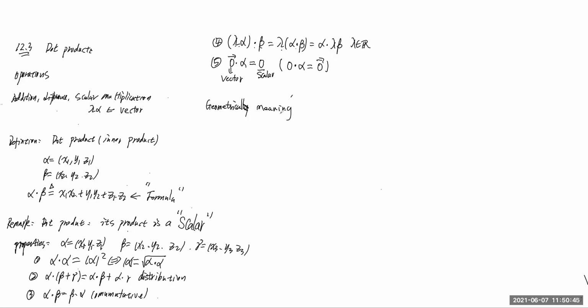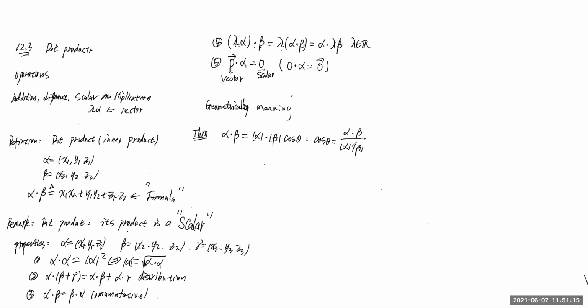The first one is a theorem, which is also a formula. This general theorem is very important. If we have alpha dot product beta, there is a formula like that: the length of alpha, times the length of beta, times cosine theta. Or sometimes people write cosine theta as alpha dot beta over the lengths of alpha and beta.